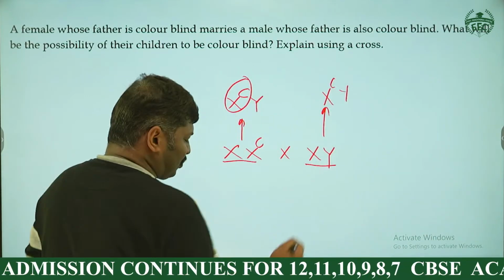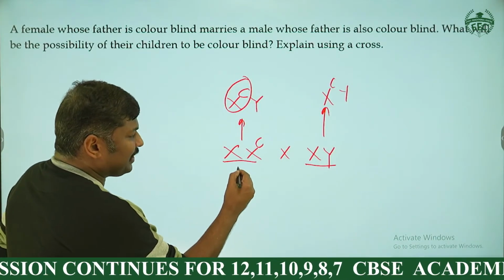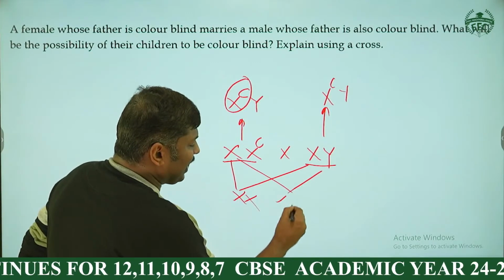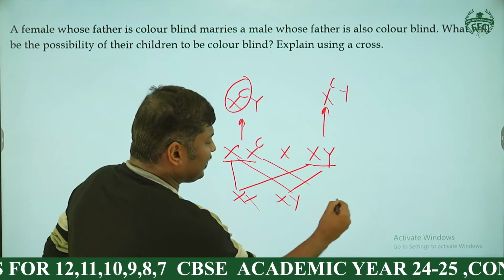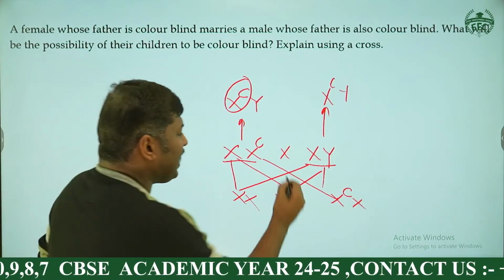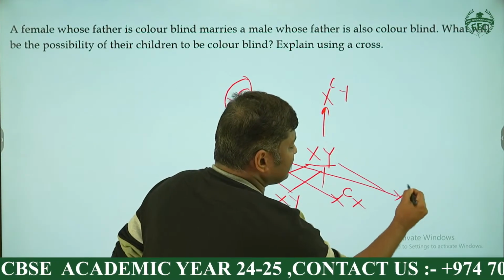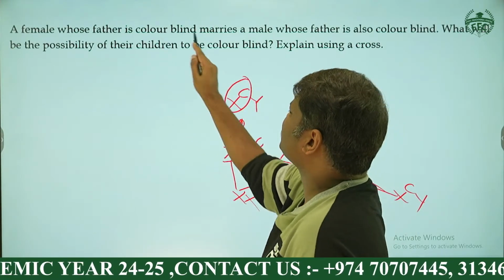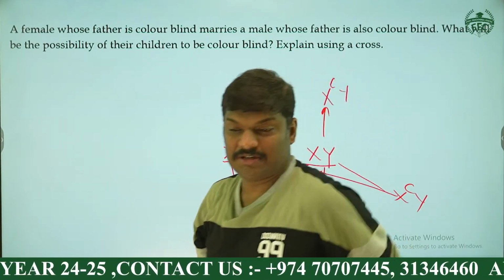So you have to do the cross, my dear student. How can you do the cross? Here you can see XX, a normal girl, XY, a normal boy, and here XCX, a carrier daughter, and the last one XCY. What will be the possibility of their children to be colorblind?